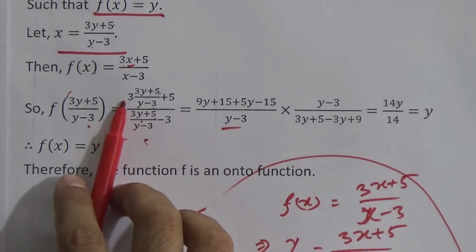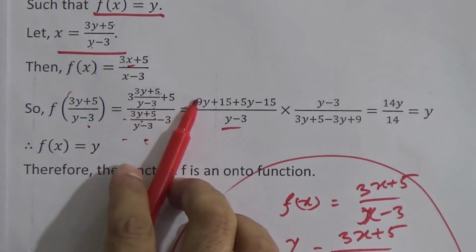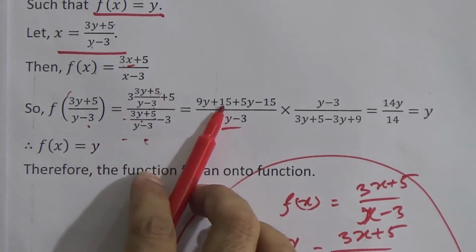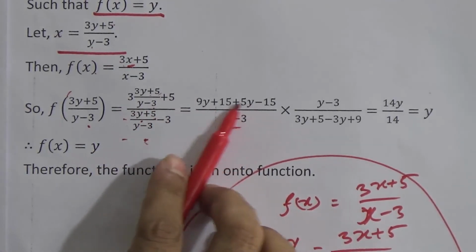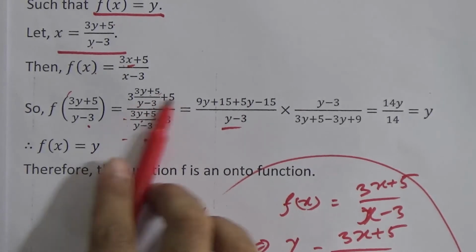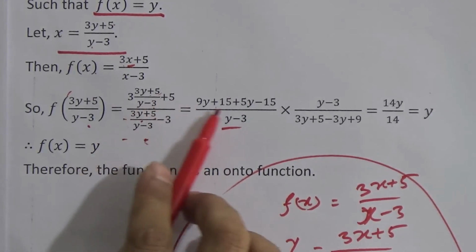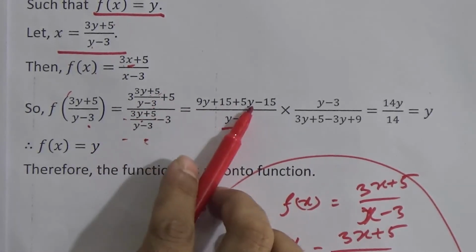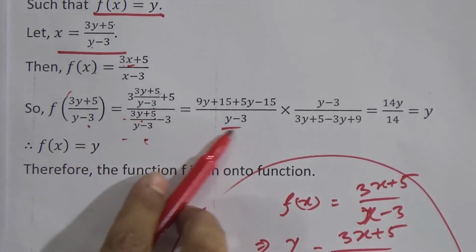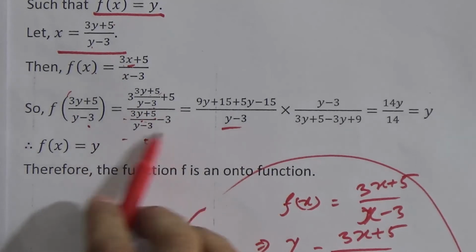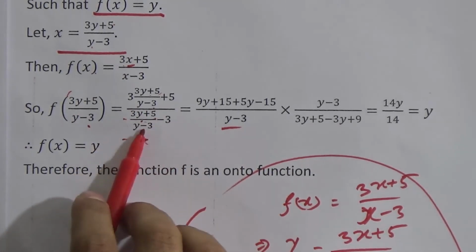If you multiply by 3, you will get 3 times 3y is 9y, and 3 times 5 is 15. Then, as we are doing the LCM, for the 5 we have to multiply by y minus 3, so this will be 5y minus 15, and the LCM is y minus 3.